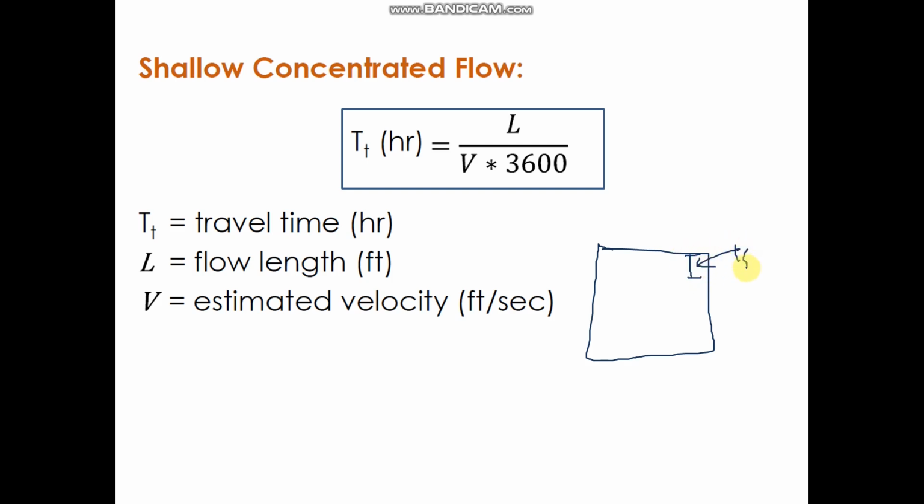There will be sheet flow, and thereafter the shallow concentrated flow comes into the picture when the travel of the runoff exceeds 150 feet, and it will move into the shallow concentrated flow, up to 1000 feet. Less than 1000 feet, in that case we have to apply the combination of shallow concentrated flow plus sheet flow.